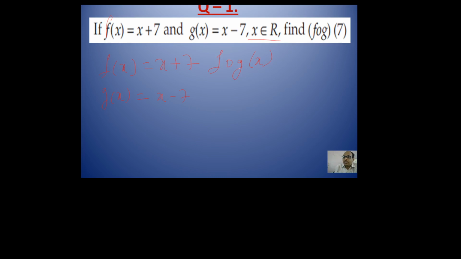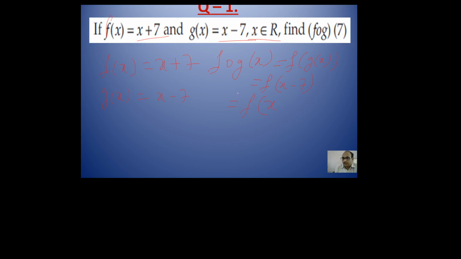f o g of x. So how will we find this f o g of x? This is actually equal to f of g(x). Okay, right. And f of g(x), so g(x) is what? x minus 7. So f of x minus 7. Then further, here it will become f of x minus 7, so we have to place x minus 7 in place of x.